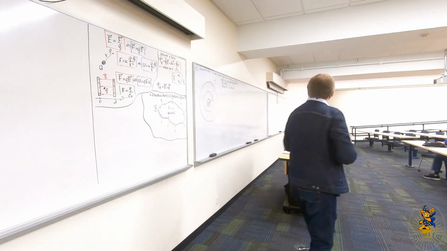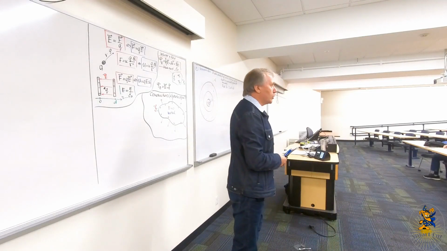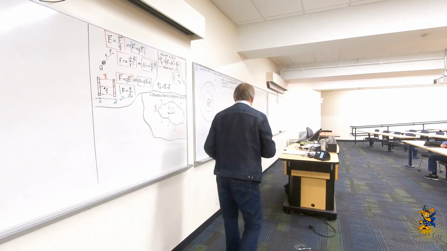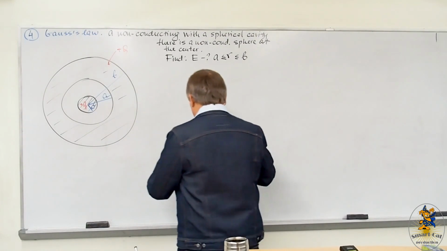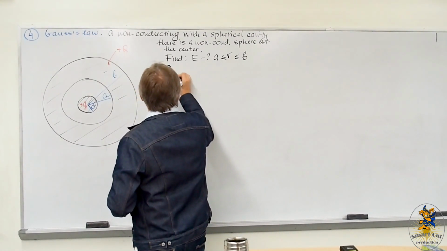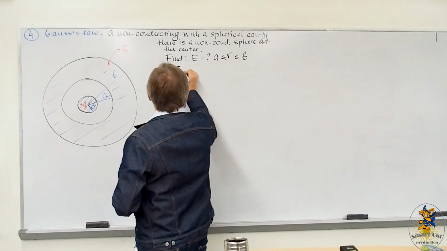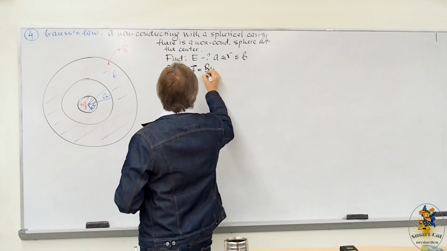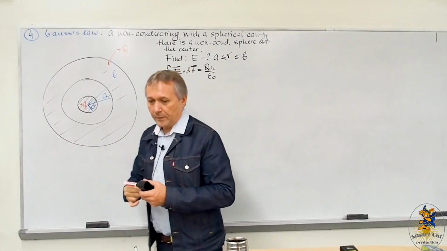So, first step. Yeah, of course, you can use Coulomb's law, but Coulomb's law application over here in integration will not be pleasant. So, definitely Gauss's law should be used. E dot dA equals Q enclosed over epsilon naught.